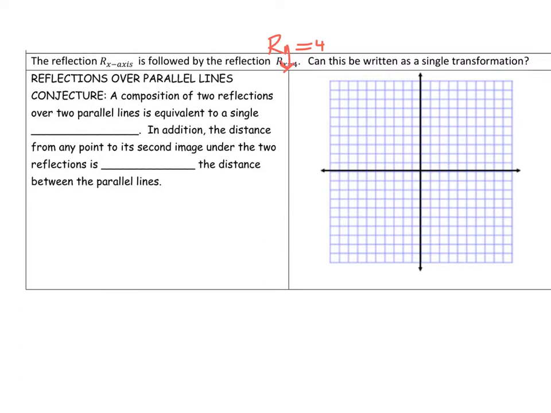So we are going to reflect an image over the x-axis and then over the line y equals 4, which is right about here. But we're going to look at this conjecture: reflections over parallel lines, and again, the x-axis and the line y equals 4.